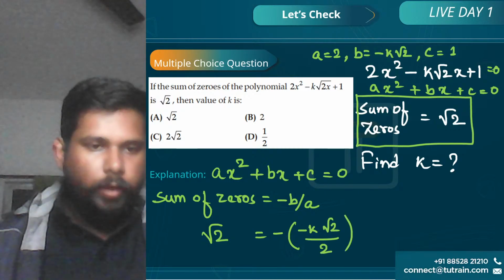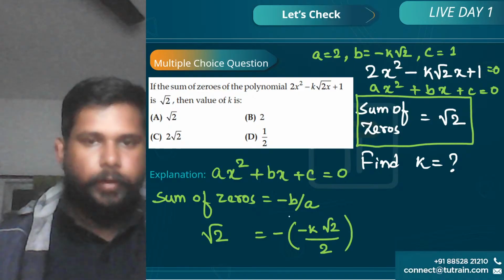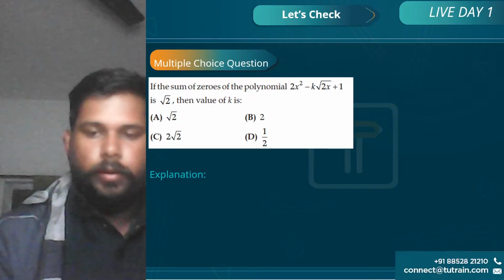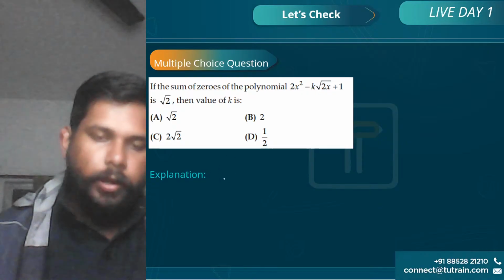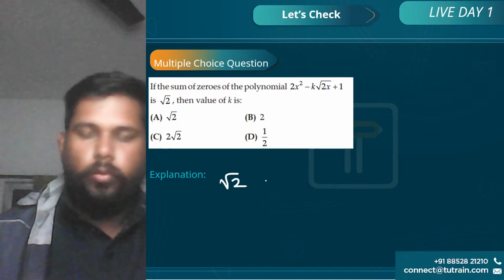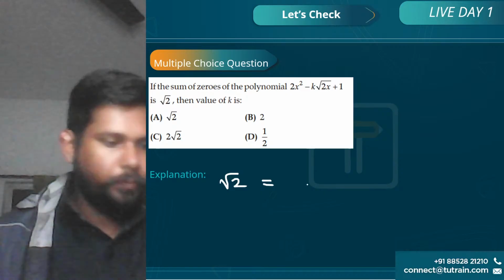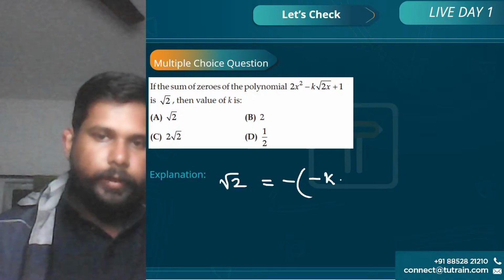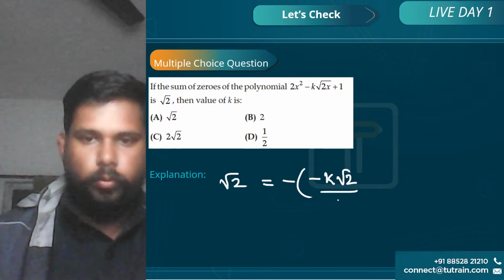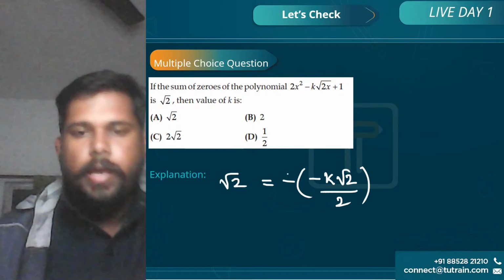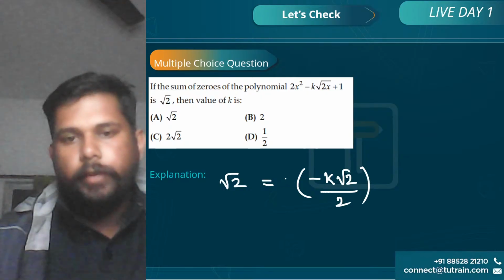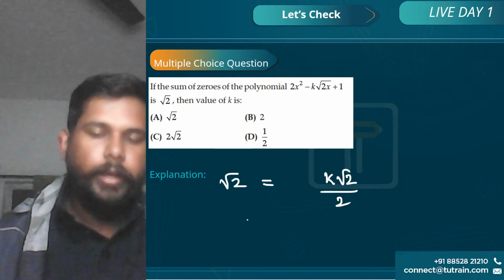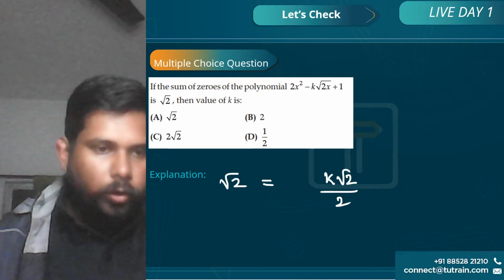Yes. Now we will just simplify this. So from here we got root 2 is equal to minus of minus k root 2 by 2, right? Now negative into negative, that will be positive. So we can remove the brackets and then cross multiply.